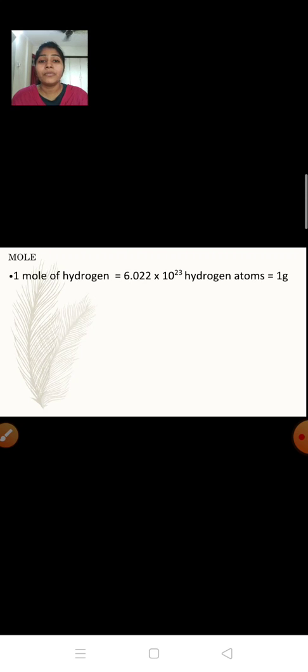Same way 1 mole of oxygen, the mass will be around 16 gram because atomic mass of oxygen is 16. 1 mole of nitrogen, the mass will be 14 gram. Okay.